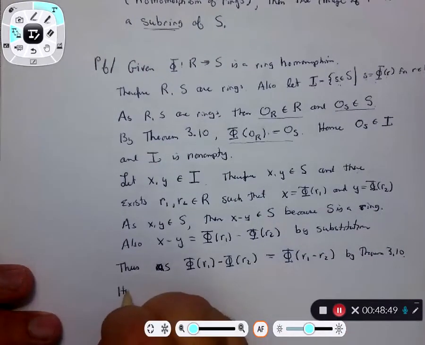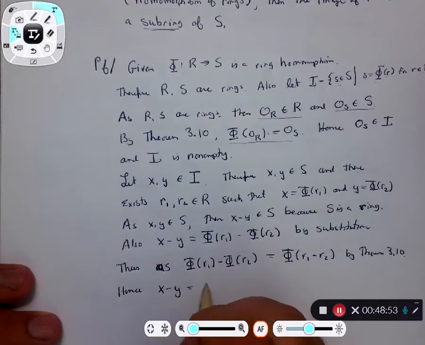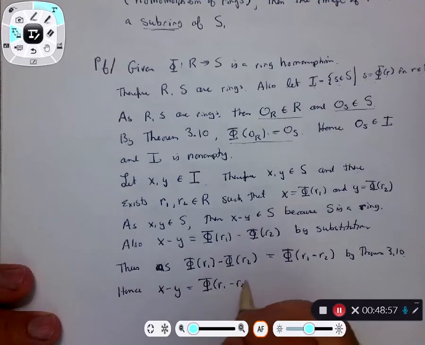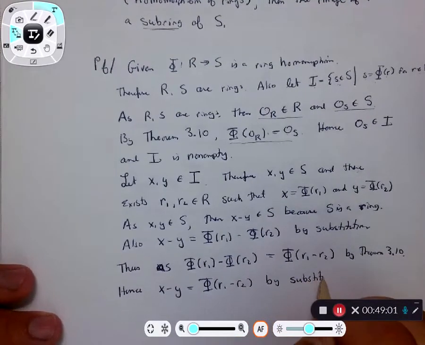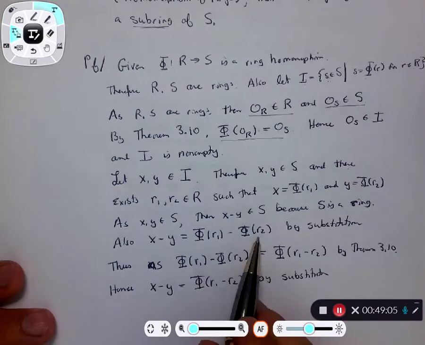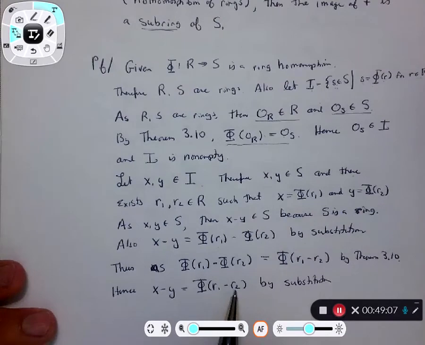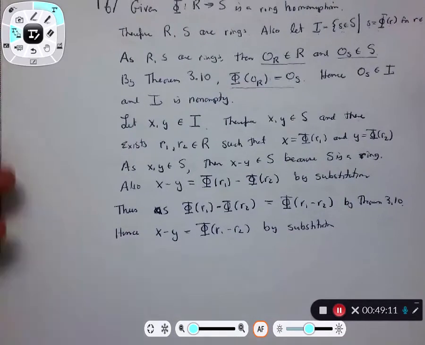Hence, X minus Y is equal to phi of R1 minus R2, again by substitution. I replace that phi of R1 minus phi of R2 with phi of R1 minus R2. Okay. One last thing.